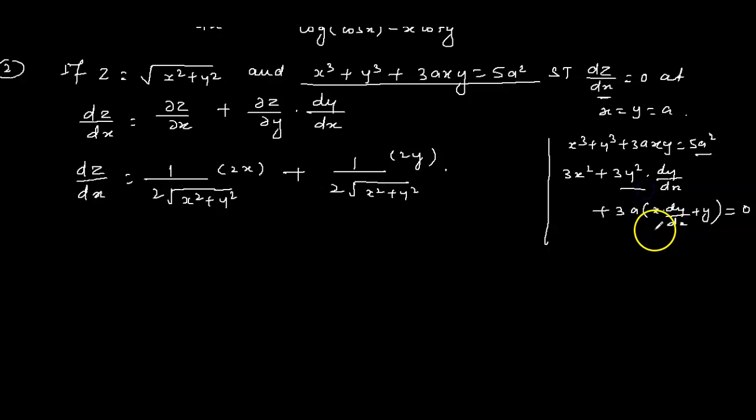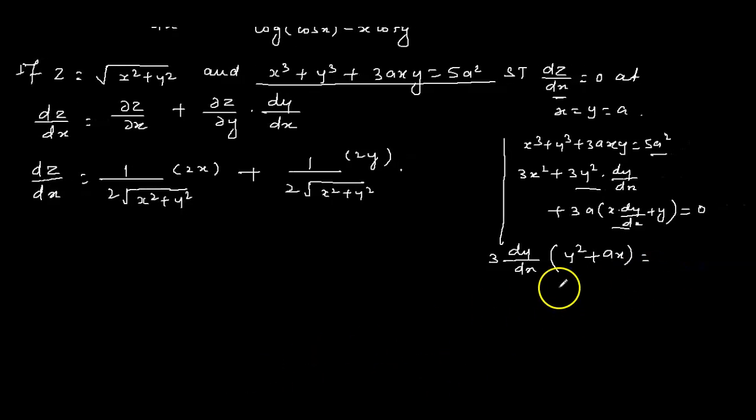In this, we can take dy by dx common, and the remaining we can bring to the right hand side. So if we take dy by dx common, we are left with 3y square, and 3 we can also take outside, so y square plus ax. If we bring this to this side, it becomes minus of 3 common, so x square and 3ay, right, only ay.